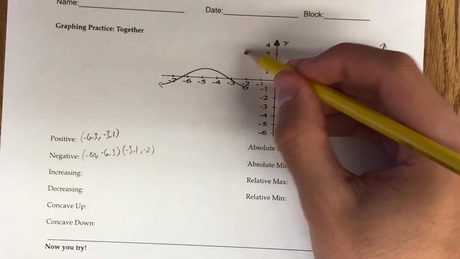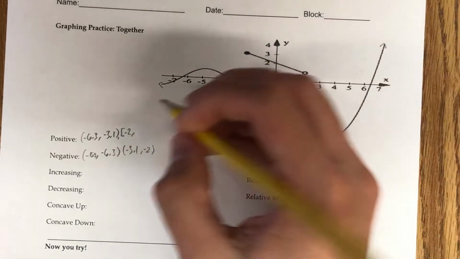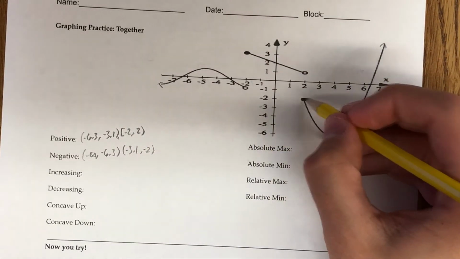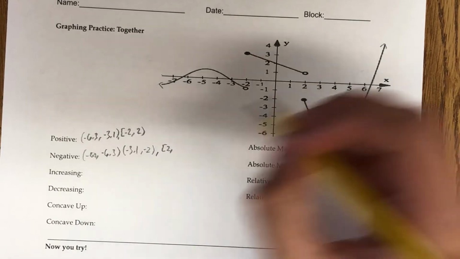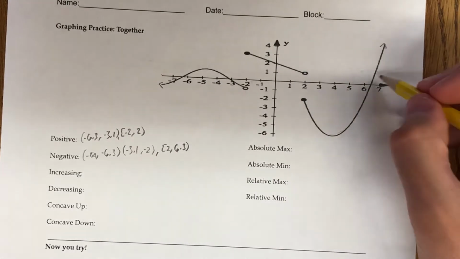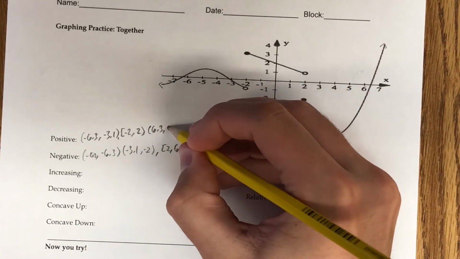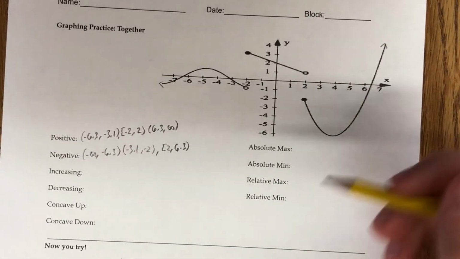Then at negative 2, we have a closed circle, so I'll use a bracket. It stays positive up until 2. And then at 2, close bracket, it stays negative up to about 6.3. And then at 6.3, it goes increasing forever. So 6.3 to infinity. So positive and negative.